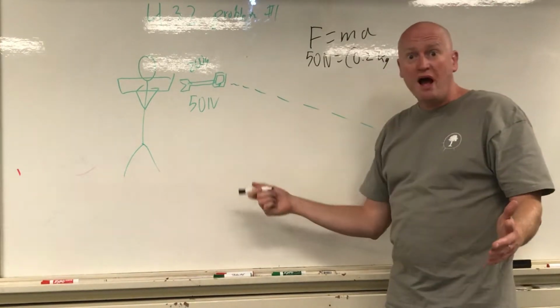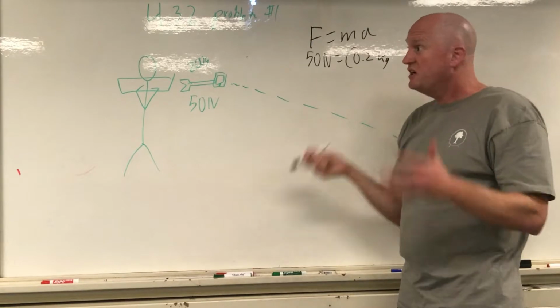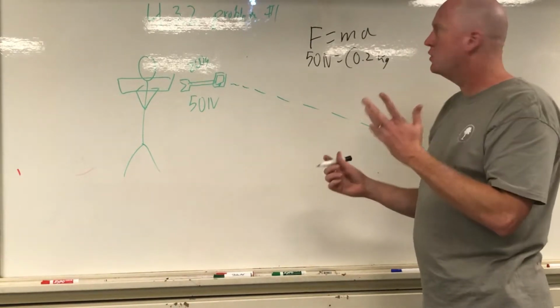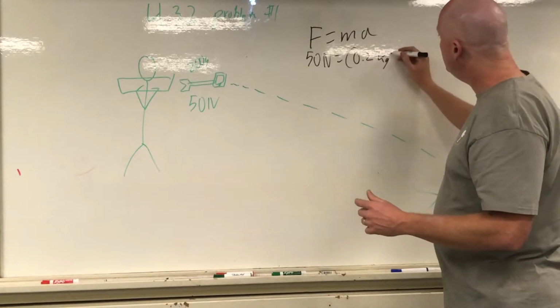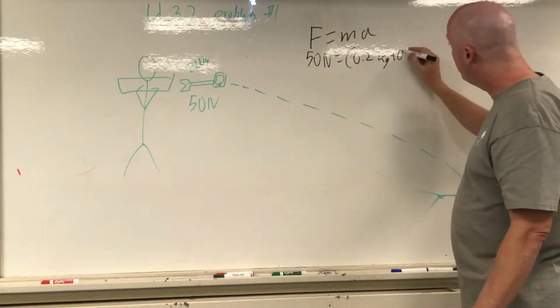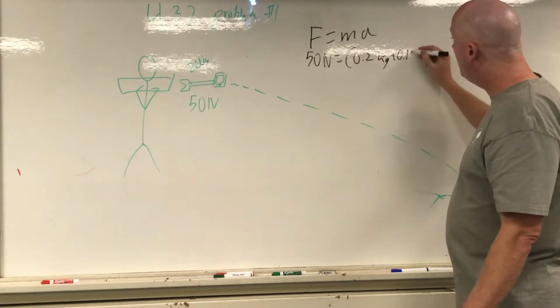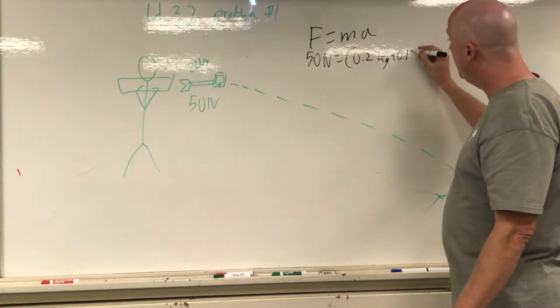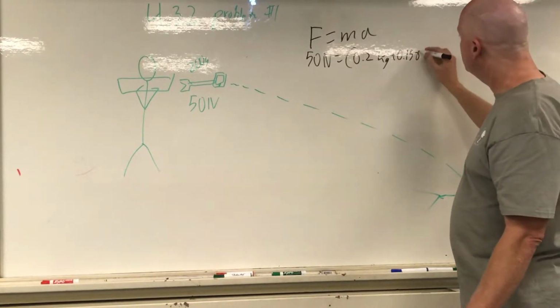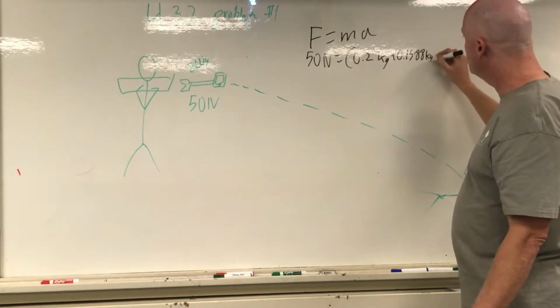But the rocket's not the only thing with mass, is it? Your cell phone has some mass. So you got to add that in too. So 0.2 kg plus the mass of your cell phone. Mine comes in 0.1588 kilograms.